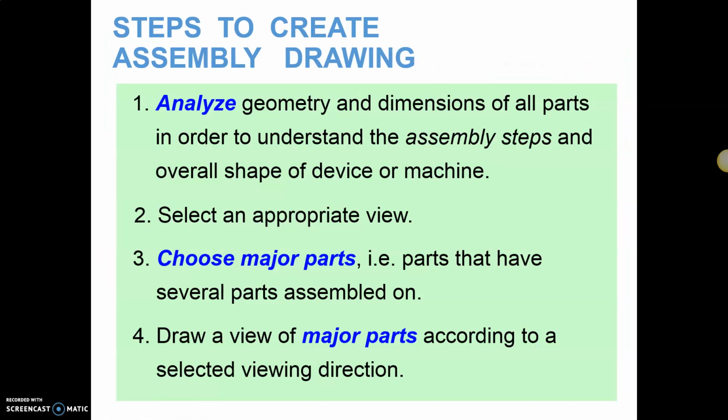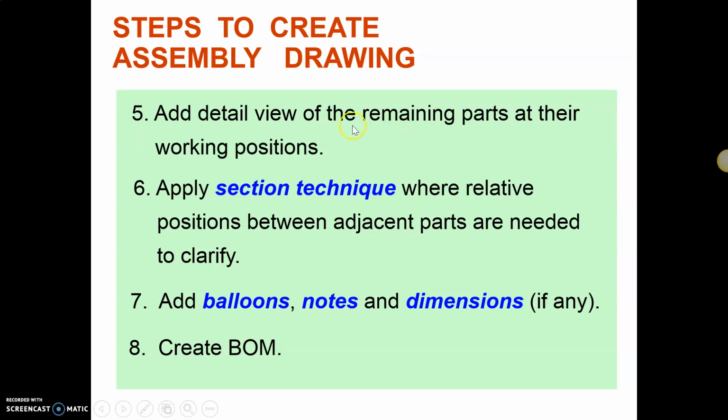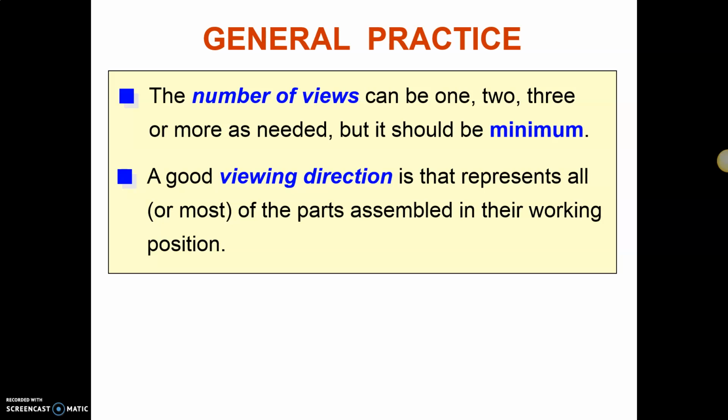So these are the steps to create an assembly drawing. You can just follow the steps one by one, starting from analyzing the dimension of all parts, and then until the end, after you combine all the parts together, you need to create the BOM, and also balloons, notes and dimensions if any. And some practices that you can follow: the number of views can be either 1, 2, 3 or more, but normally it should be minimum, so normally we only have 1 or 2.